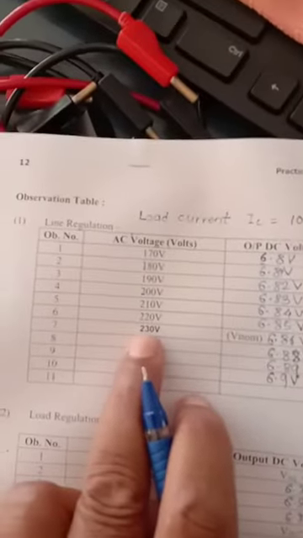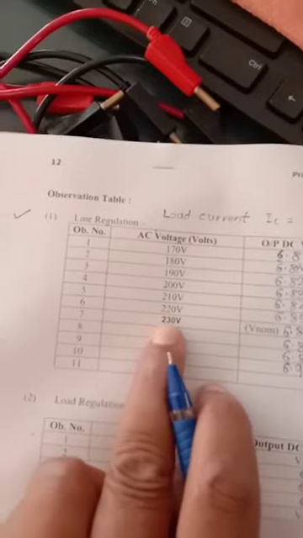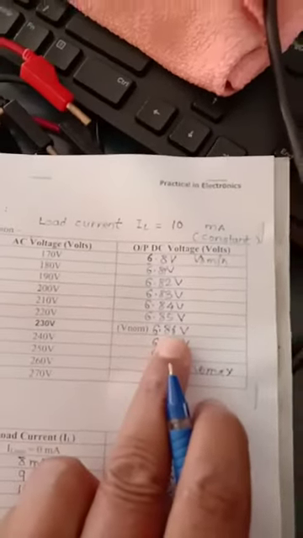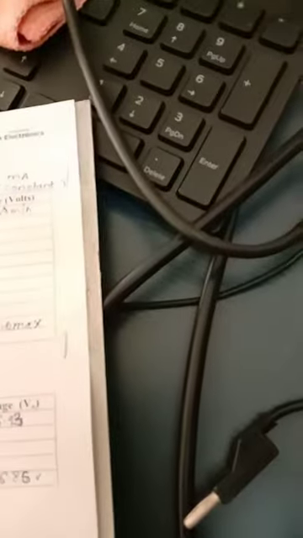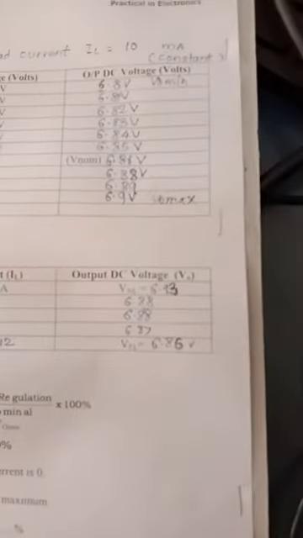Nominal voltage means at 230 volt AC input, what is the output voltage? So it is 6.86. So source regulation divided by nominal voltage, 6.86, into 100. Then you can calculate the percentage line regulation.